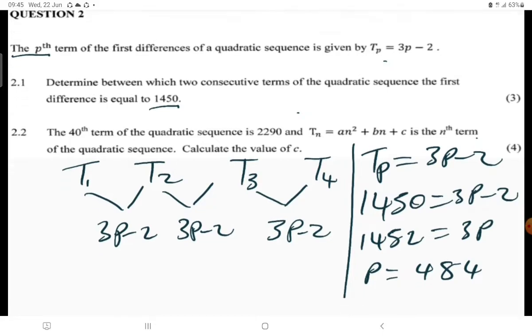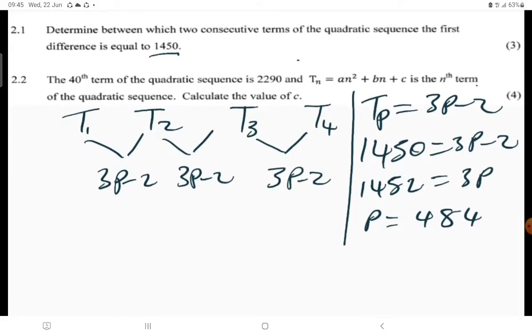So we haven't answered the question now because they want two consecutive terms. This one, 484, is the number of terms.